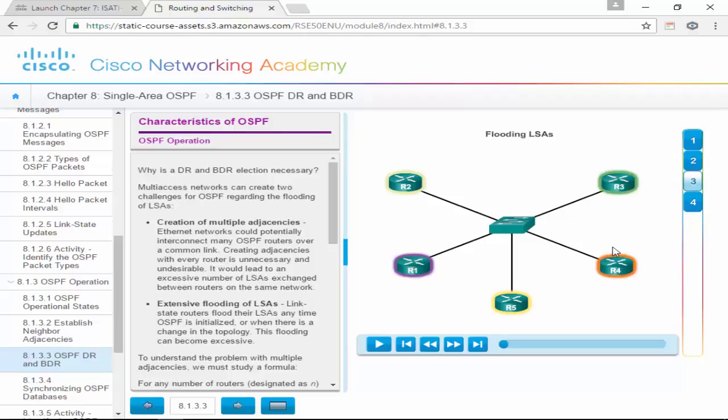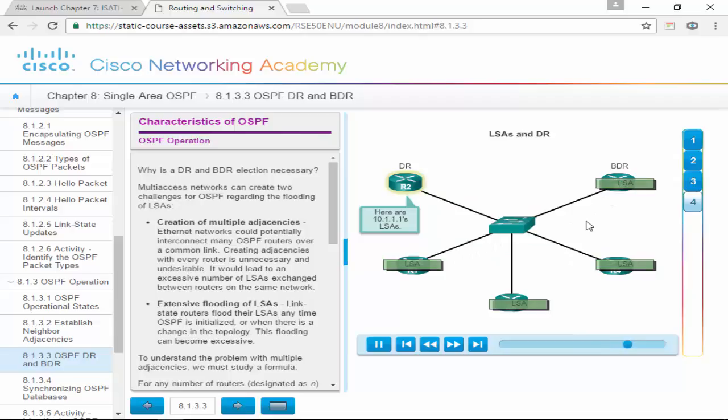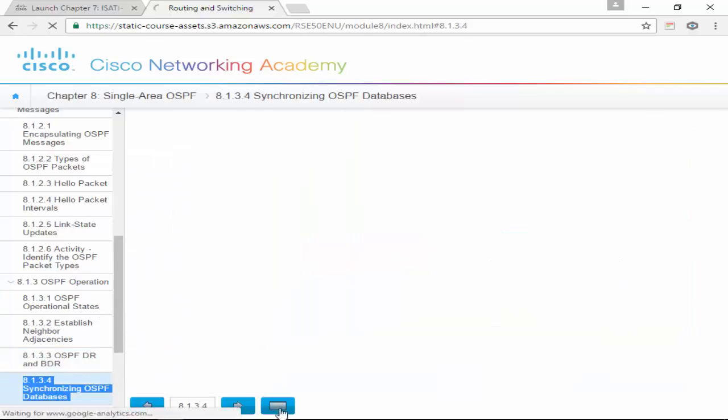Because when we flood these, there's too much flooding, then it takes too long in convergence and all of that. But basically the LSAs are sent to the DR, and then the DR tells everybody else what they need to know, is what we're seeing there, and how it's elected.